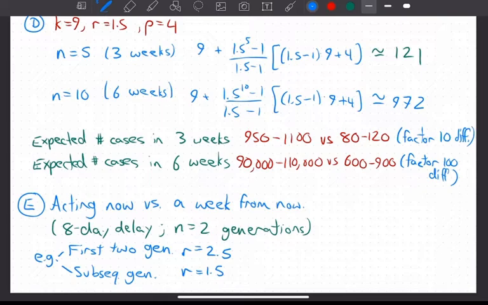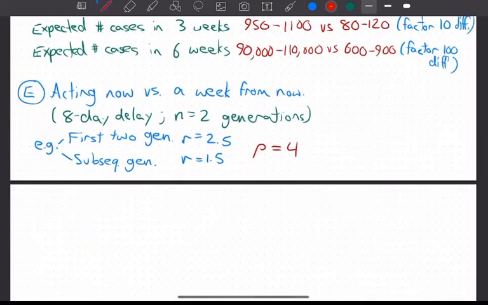And let's fix rho equal to 4 for both. Okay, so that's 1 arrival per day, but a week from now, rather than today, we get serious, and through social isolation and obsessive hand washing, we manage to reduce R to 1.5.